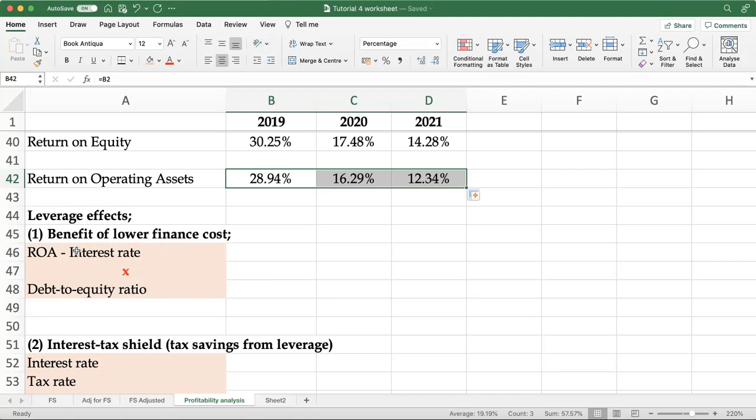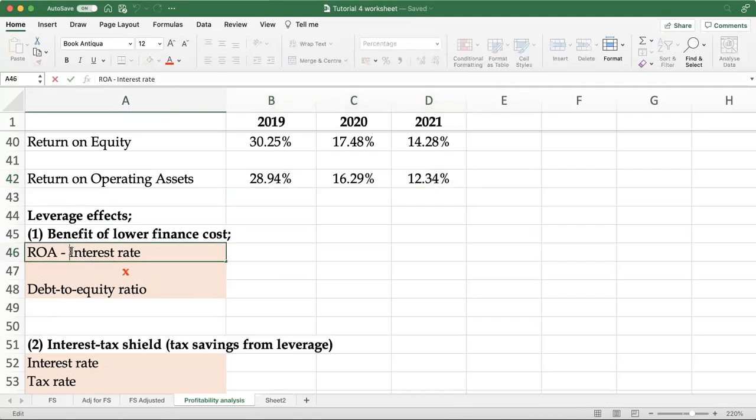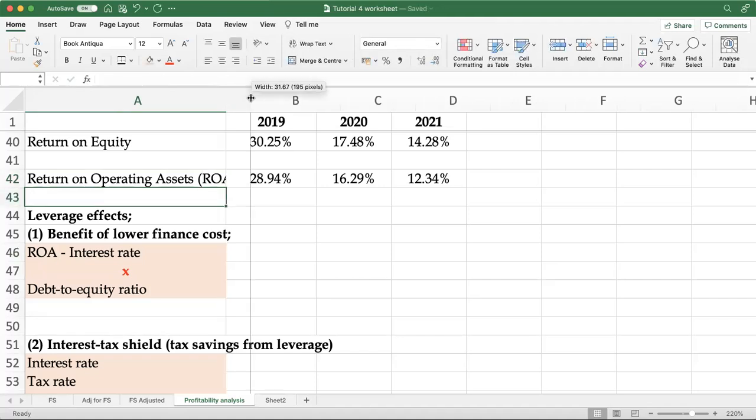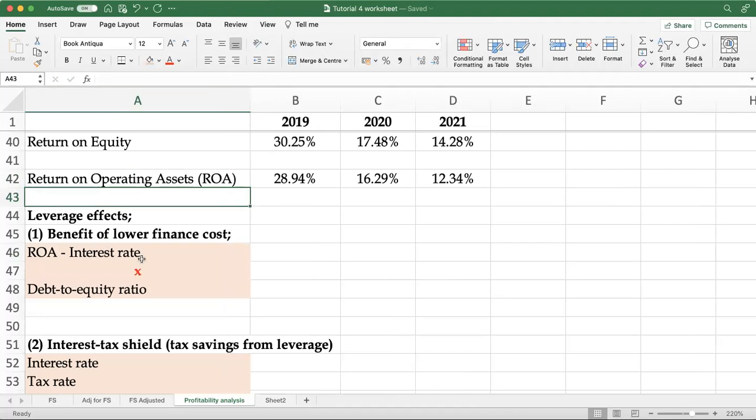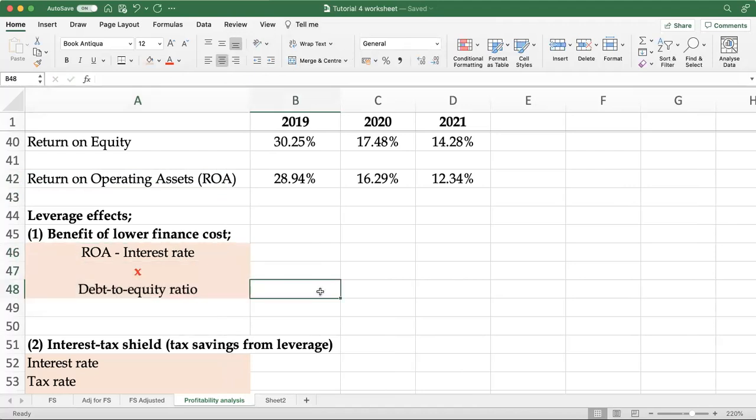For the benefit of lower finance costs, you take ROA, return on operating assets, minus the borrowing cost rate, multiplied by the debt to equity ratio.